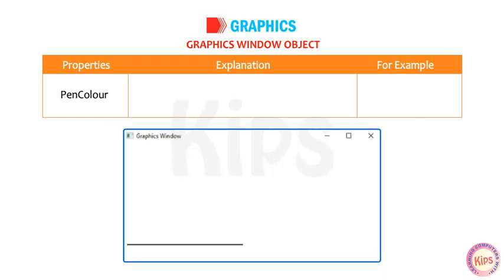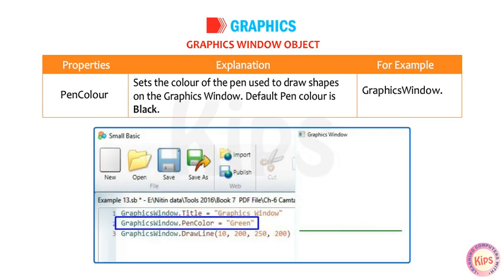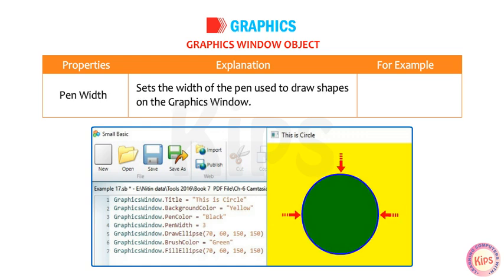Pen color. Sets the color of the pen used to draw shapes on the graphics window. The default pen color is black. GraphicsWindow.PenColor = "Green". Pen width. Sets the width of the pen used to draw shapes on the graphics window. The default size is 2.